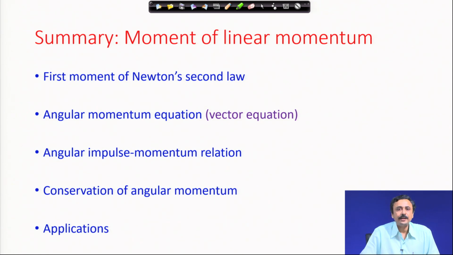Then by integrating over time, we obtained the angular impulse momentum relation. Under certain situations where the moment of the force acting on the particle is 0 about a certain point, the angular momentum is conserved, and we have looked at some applications of this concept. So, with that I will close this lecture.